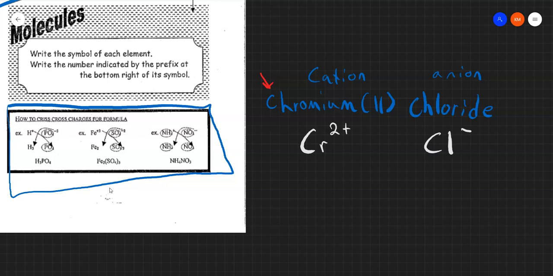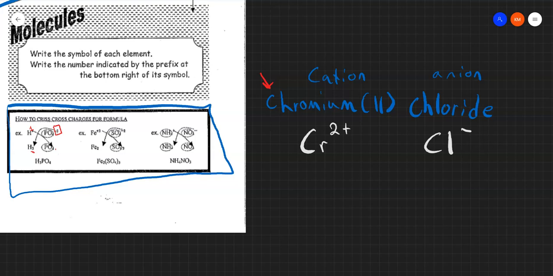So how to crisscross the formula, it shows us here. You take the charge of 1, and we're just interested in the number, not the actual symbol, just the number. So 3, and it becomes the subscript of the other element. And then here, remember, we don't write ones, but that's kind of what's there, and it becomes a subscript of this one over here.